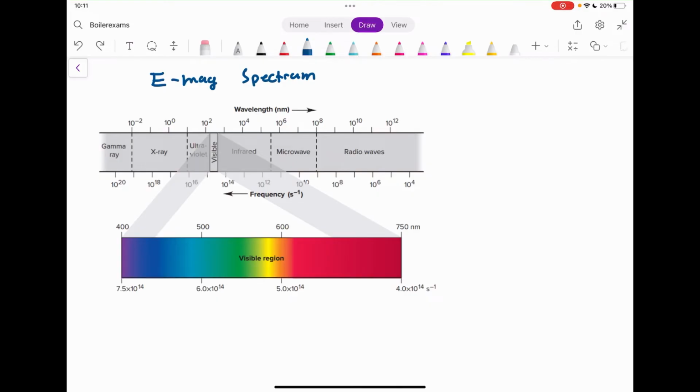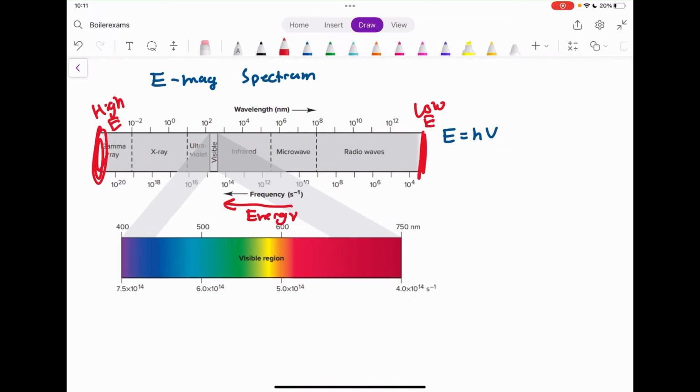It's also worth mapping one thing, is that we know energy is proportional to frequency. So as our frequency increases in this direction, so does our energy. So up in this region, we are high energy, and down here we are low.